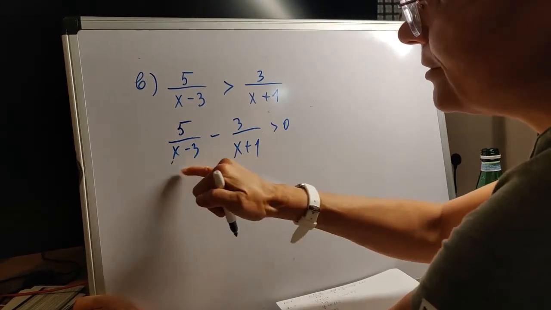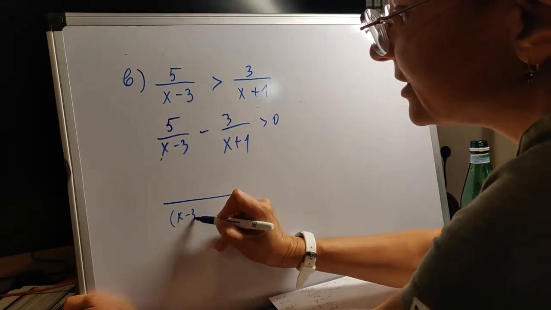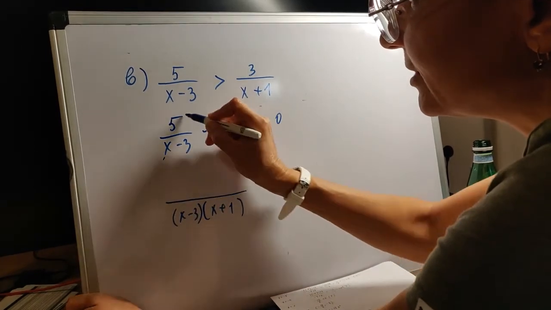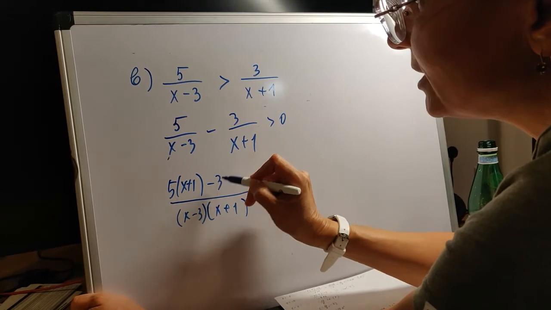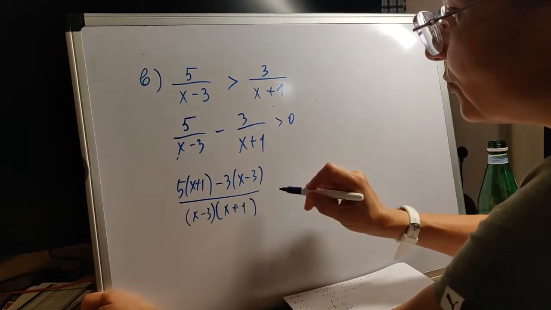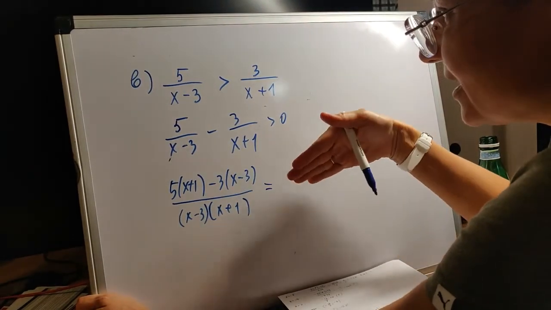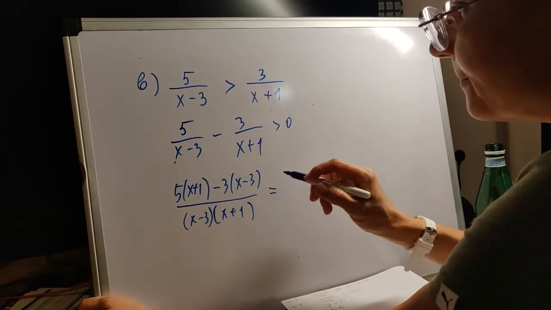The common denominator is going to be x minus 3, x plus 1, not very interesting. So here I multiply by x plus 1, so it's 5x plus 1. And here I multiplied by x minus 3. I'm going to modify this expression and then put the not equal sign. Normally, each time you rewrite the inequality, but I have much space here.